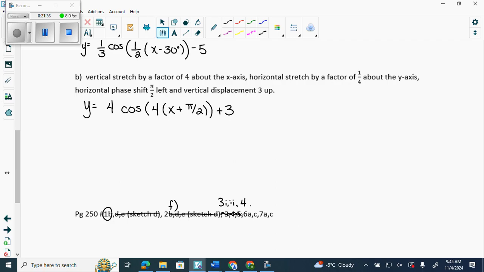So 1B, I'll rewrite it down here. 1B, 2F, no sketching graphs, 3, remember 1 and 2, 4. 4 doesn't have parts to it, but 6AC, 7AC.